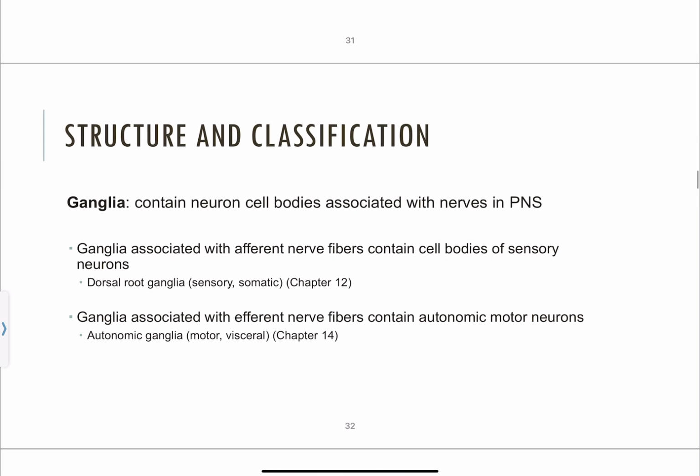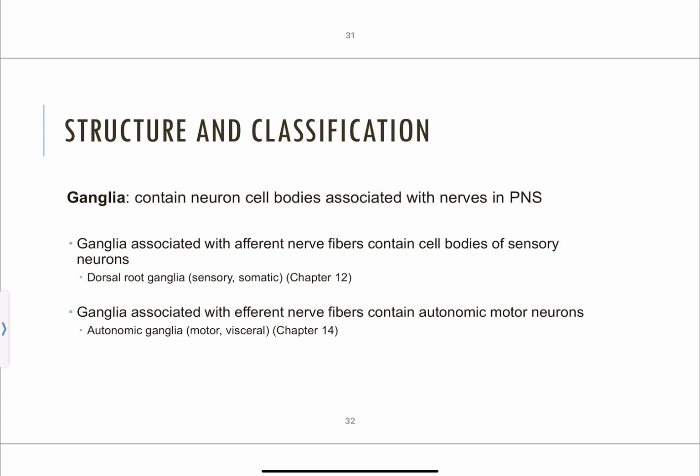Other things that we talked about were ganglia. So what are ganglia? They're basically just collections of the cell bodies of the neurons that are associated with the nerves in the peripheral nervous system. So the nerves are basically the bundles of the axons, but we also have collections of the cell bodies themselves. And the collections of the cell bodies of the neurons are what are called ganglia when we're talking about the peripheral nervous system.